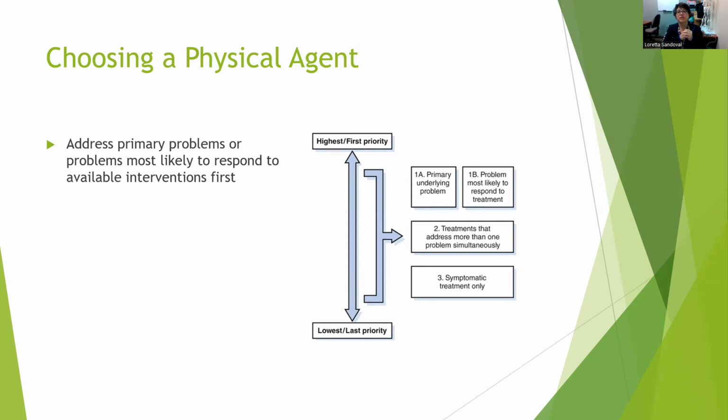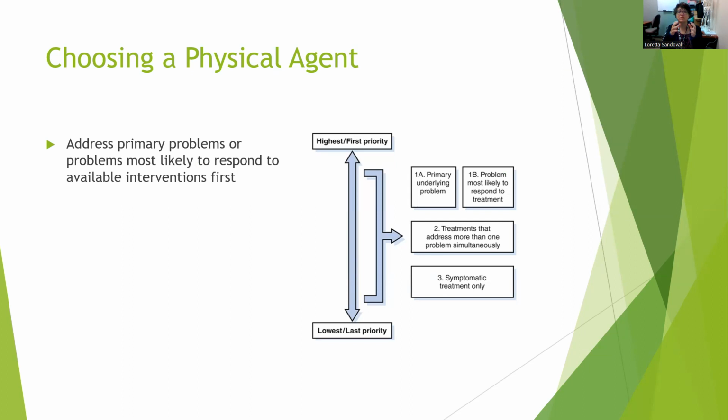If the primary underlying problem is going to respond well to that, well, that would probably be a good choice. Treatments that address more than one problem simultaneously, that's a good choice. So if you're using compression and elevation to reduce inflammation, that's probably a good choice.